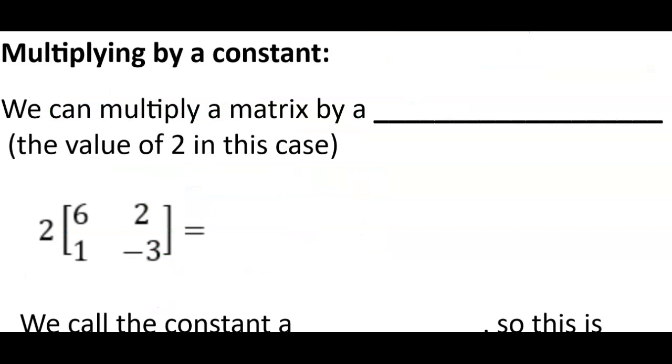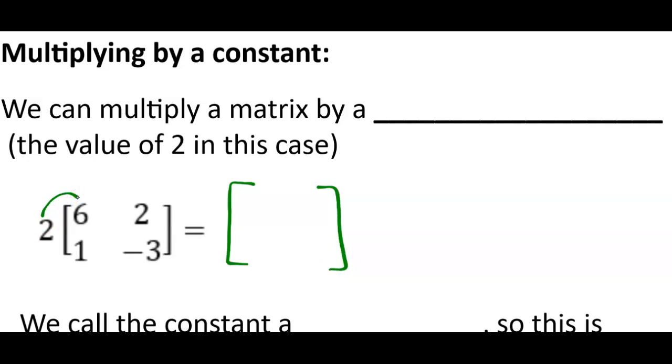Okay. Multiplying a matrix by a constant is just like distribution. So you can multiply a matrix by a constant, and in this case it's 2. So I am going to draw my matrix, and I'm going to distribute this 2 into here.